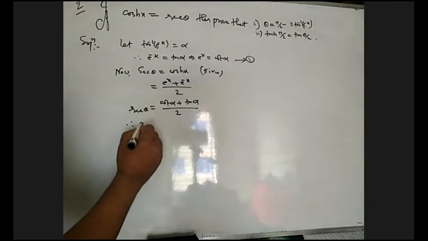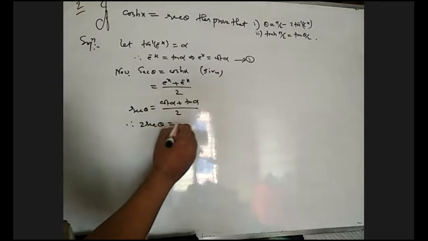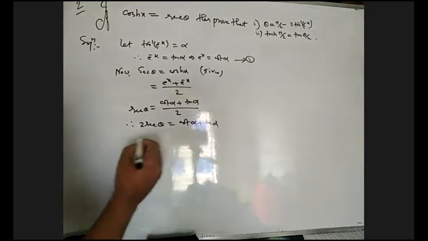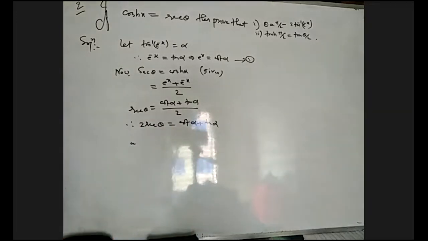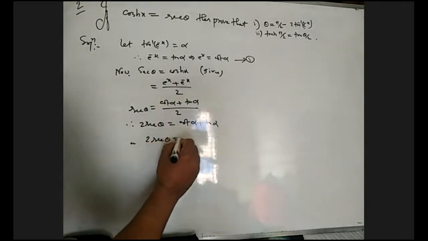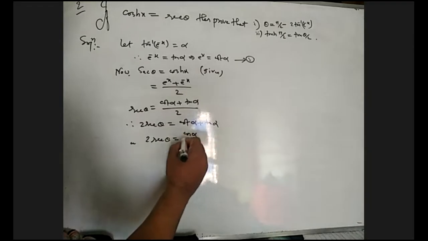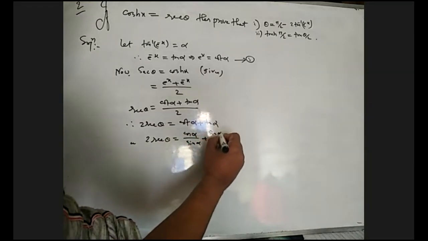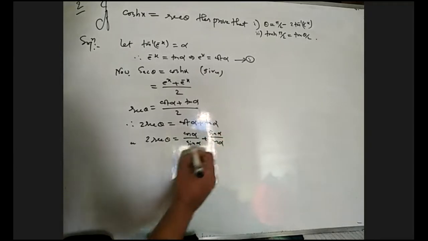Therefore, by cross multiplication, twice sec theta equals cot alpha plus tan alpha. Cot alpha means cos alpha divided by sin alpha, and tan means sin alpha divided by cos alpha.